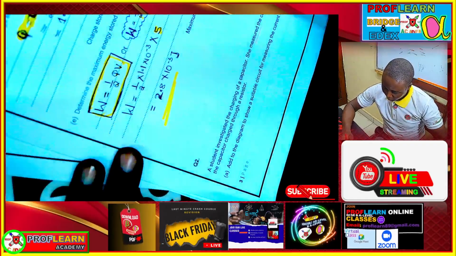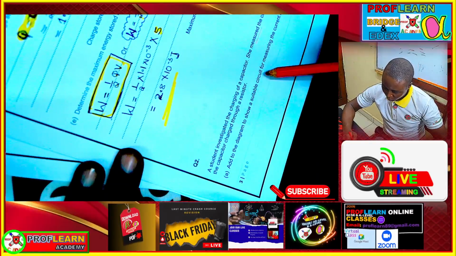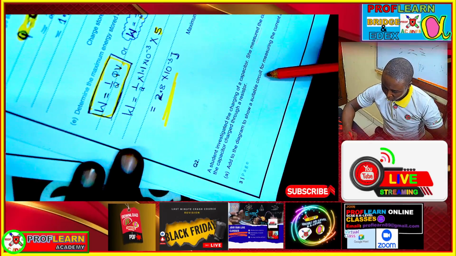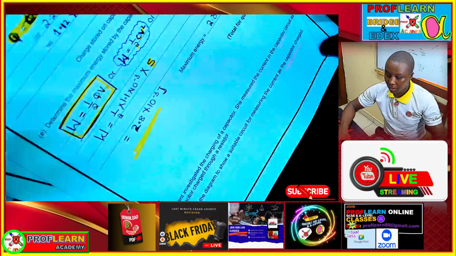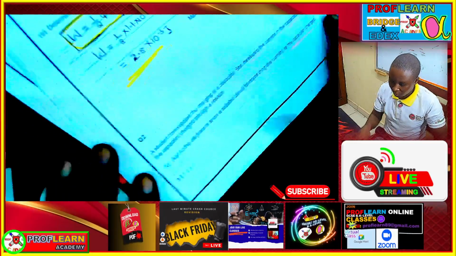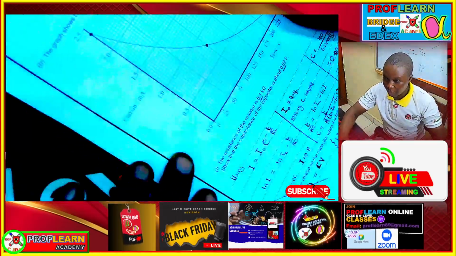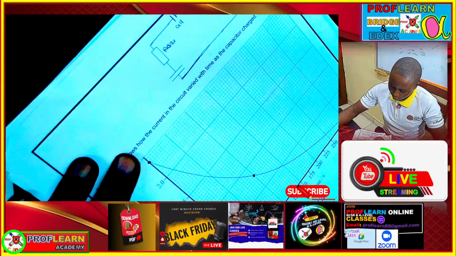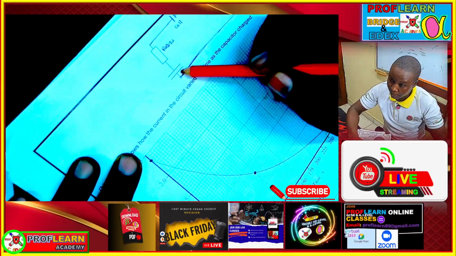She measured the current in the capacitor circuit as shown there. Add to the diagram to show a suitable circuit for measuring the current as the capacitor charges. So basically that is another set of questions that we need to look at, and the part that was given here is this section that we have here. There was a resistor and there was a capacitor.